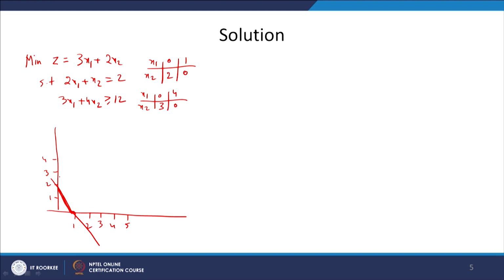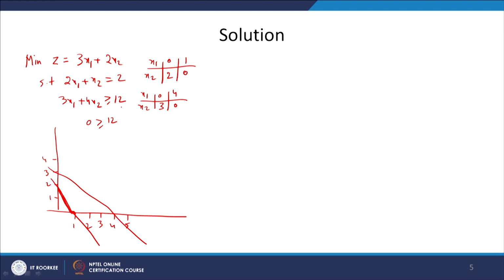Then comes the second constraint 3x1 plus 4x2 greater than or equal to 12. This passes through 0 comma 3 and 4 comma 0. And as you can see that since this is a greater than or equal to constraint, 0 greater than or equal to 12 is false.